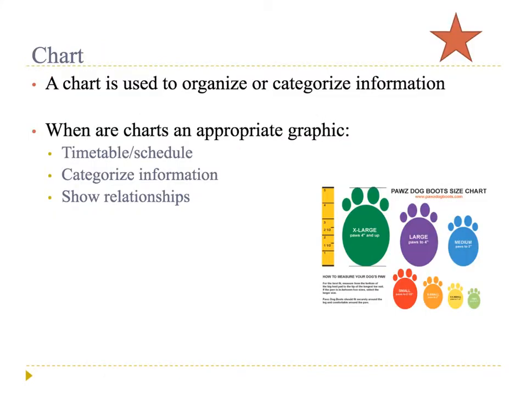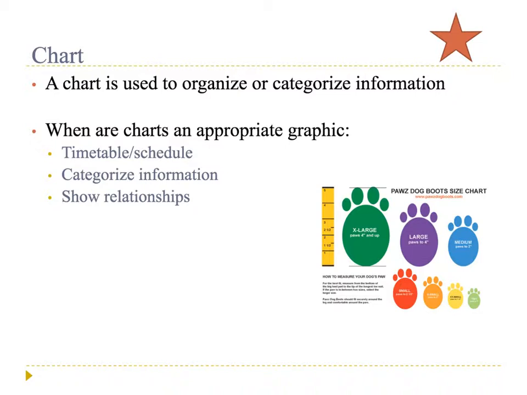Okay, so if you'll go back to your notes, a chart is our next type of graphic. It's used to organize or categorize information. When would you use a chart? You would use a chart if you are giving a timetable or some kind of schedule. You would also use a chart if you're trying to categorize information or show a relationship between different categories or items.